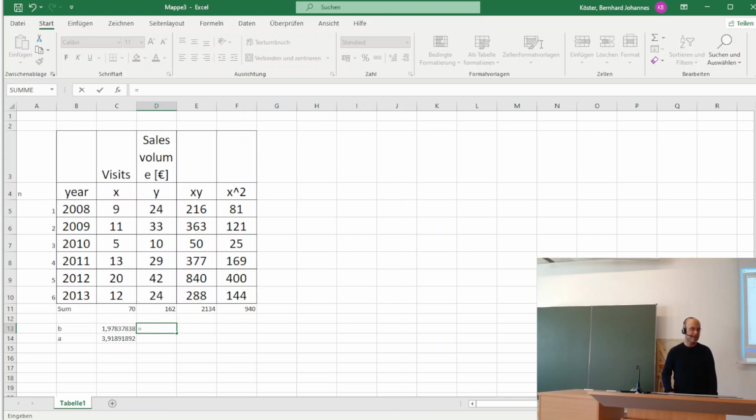A is our cut of the vertical axis, so the formula in German is Achsenabschnitt. Then you already see down here, using the y numbers and the x numbers, so all y data and all x data.